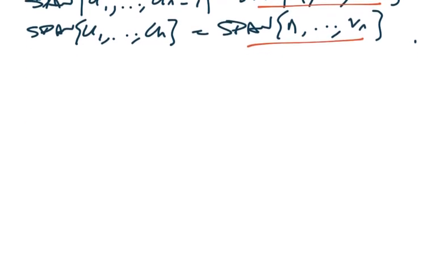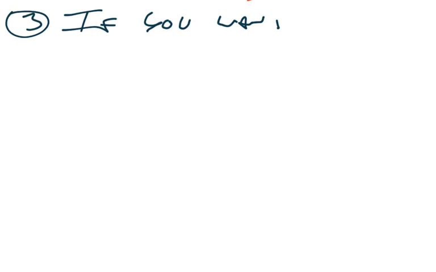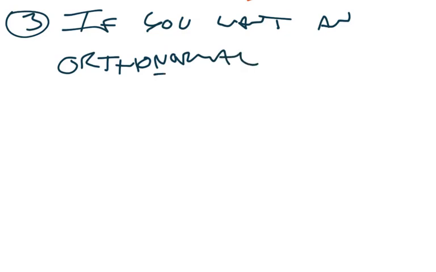The third point I want to make about this, the third note, is that if you want an orthonormal basis, you just have to do this Gram-Schmidt algorithm, and then when you're done, unitize.